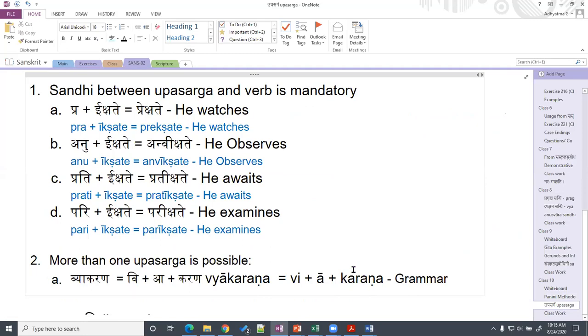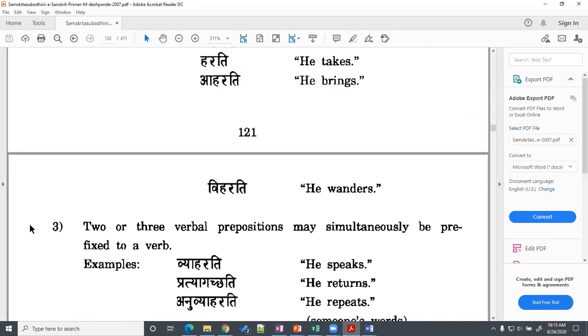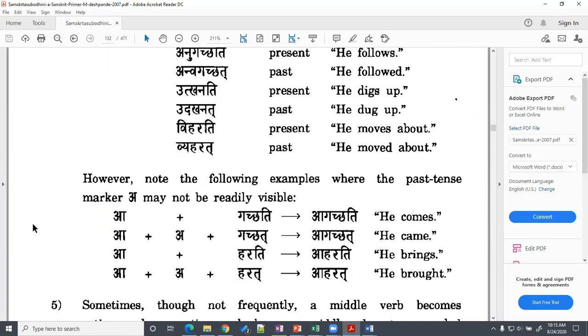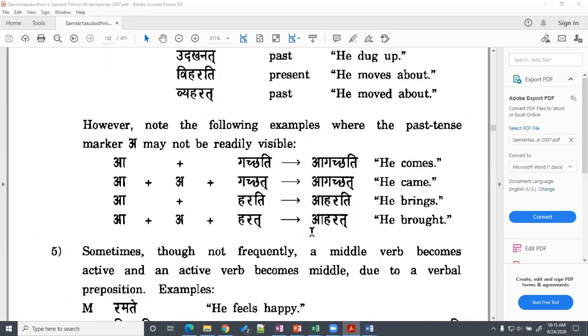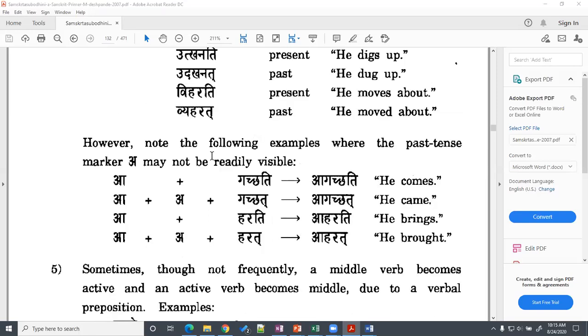So, page 122: the past tense marker may not be readily visible because Sandhi rules applied. Let's see page 122 here. There he is saying that because the Sandhi is mandatory, in the past tense form you have a past tense marker like a-kara.